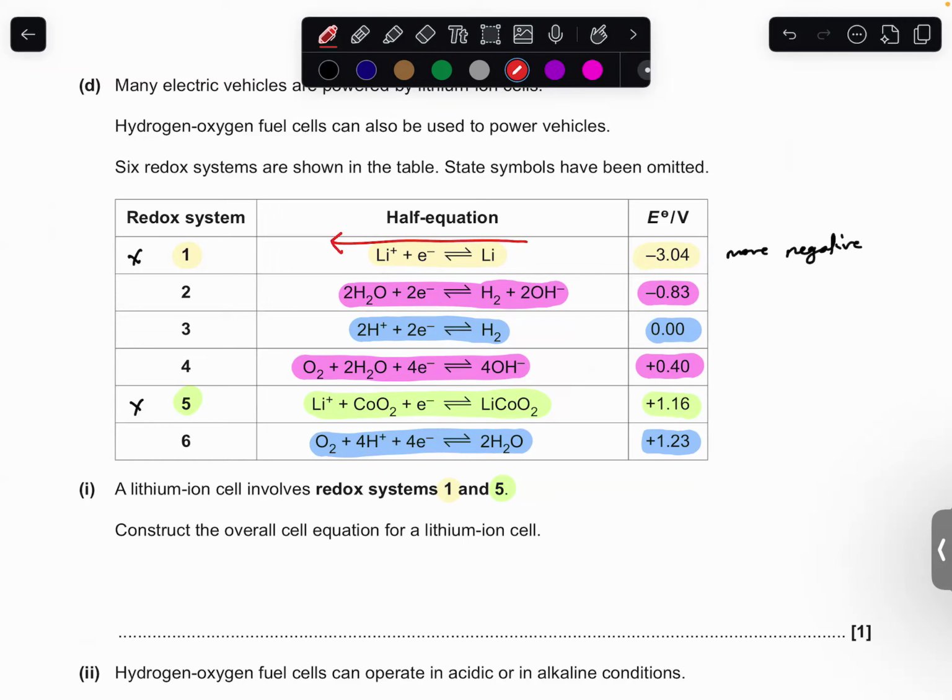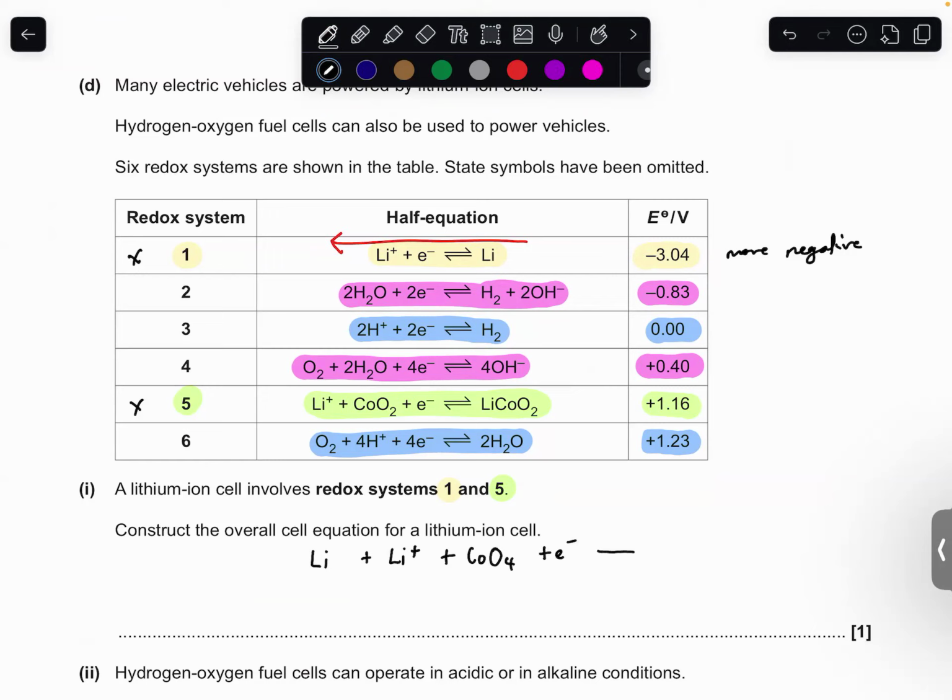So what you've got is asking for an overall equation. So what we do, Li, this, what we got on the other side, Li+, CoO2, cobalt 4 oxide. You got your electron there.